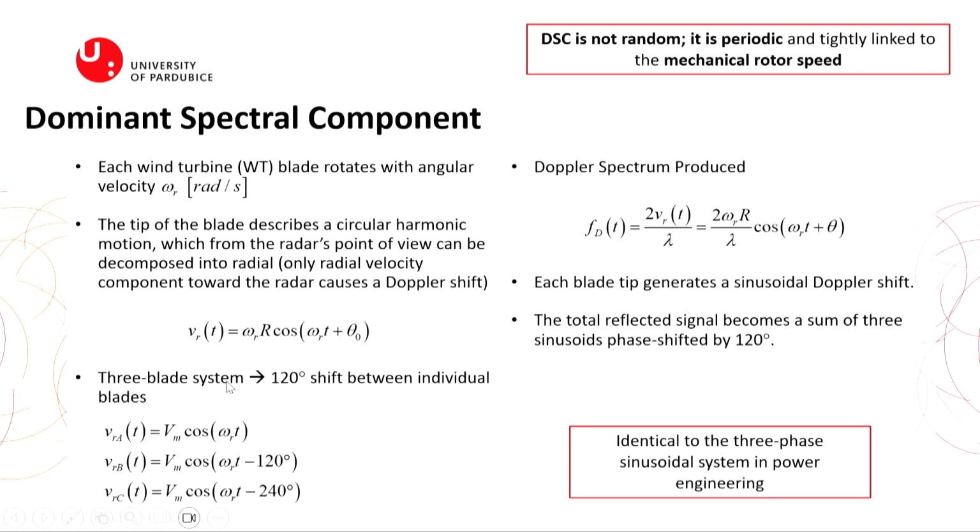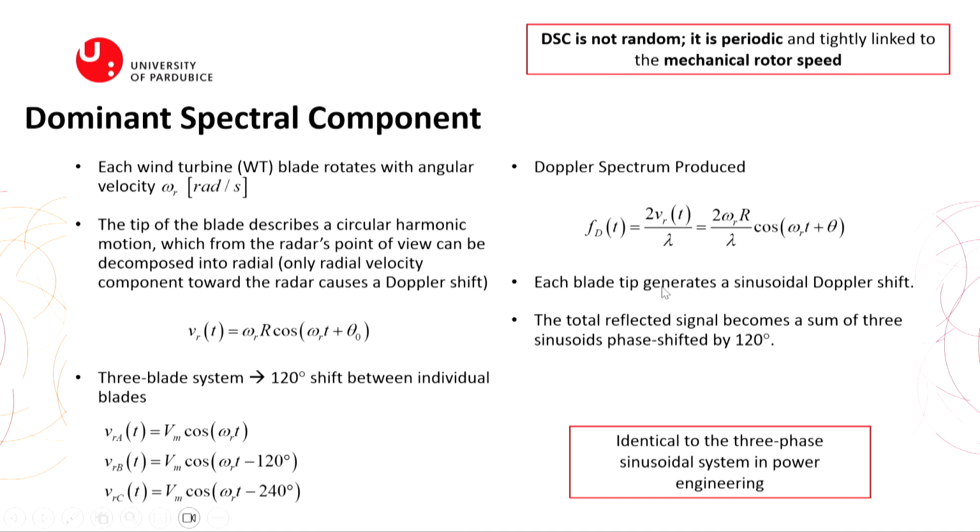And so it is like a three-blade system, 120 degrees shifted. So first blade, second blade, third blade, A, B, C, they have this behavior. The Doppler shift produced will be f_D equals 2 v_r divided by lambda, so it is this one. You can see, and we are in Doppler spectra. And this we want to try to model. But now it looks that it is not so complicated, if you get my point.